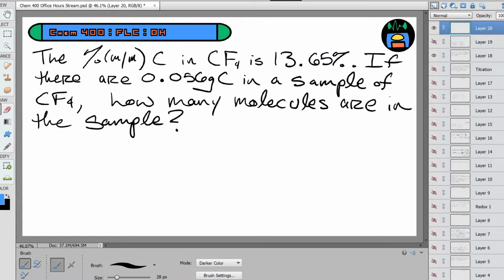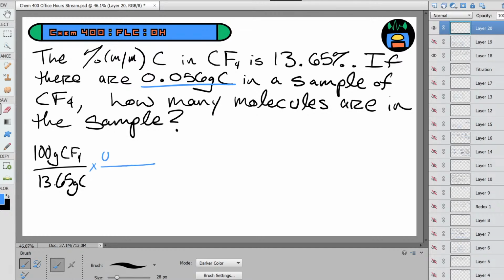Now, if you look at that second ratio that I wrote, 100 grams of CF4 contains 13.65 grams of carbon. You'll notice that we're given the mass of carbon present, right?